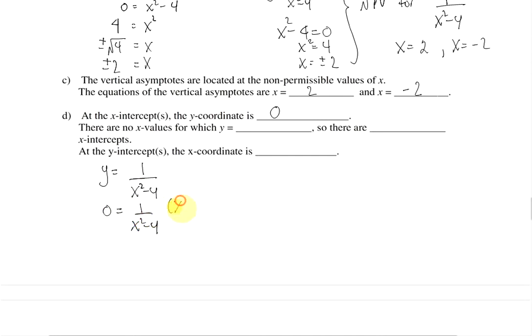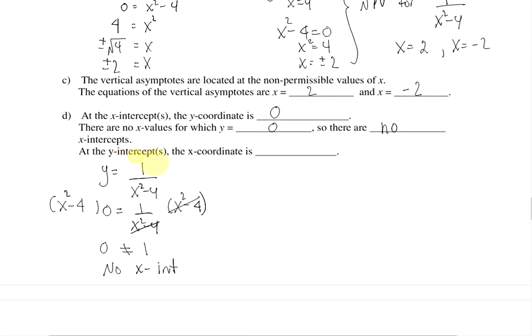Okay, and remember, if we want to eliminate denominators in equations, we just multiply both sides by the denominator that we have, and we get that 0 is equal to 1, but we know that's not true. Okay, and so there are no x-intercepts for our reciprocal function. Okay, so there are no x-intercepts for which y is 0, so there are no x-intercepts.